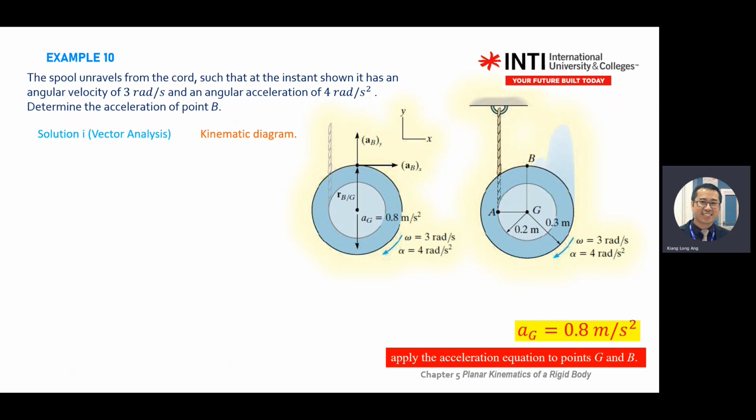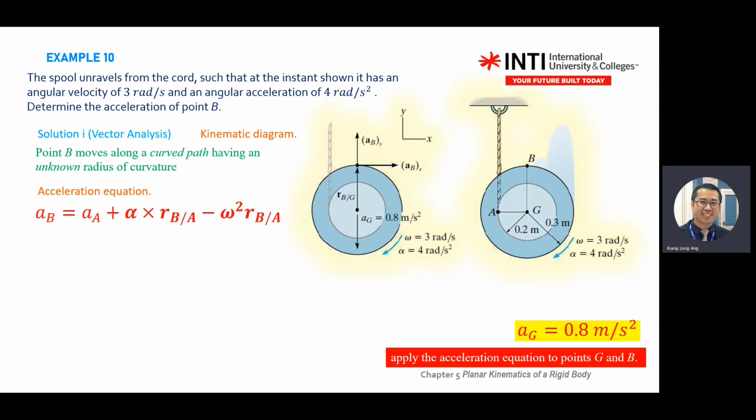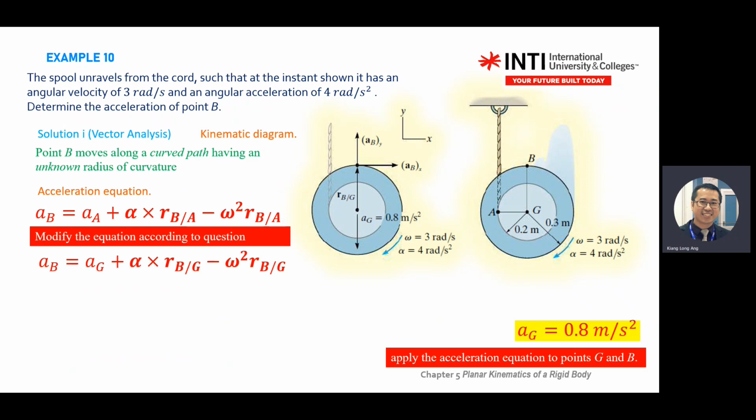AG points this way, right? So you take the acceleration equation that you learned in the previous class. It is already derived. So AB equals A plus alpha cross R minus omega square R sub B. You substitute the values, so you change the equation a little bit.